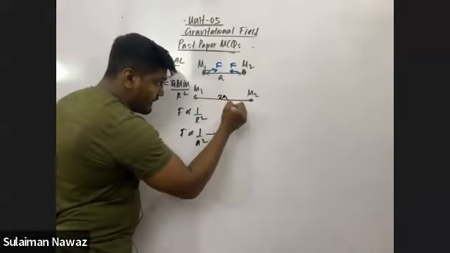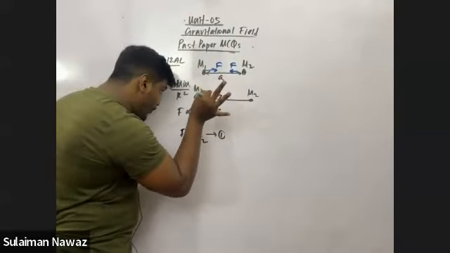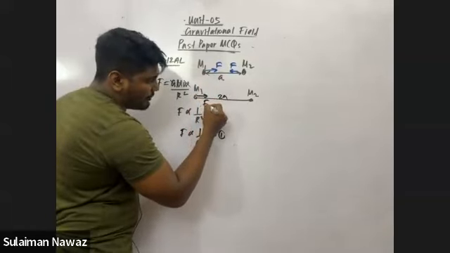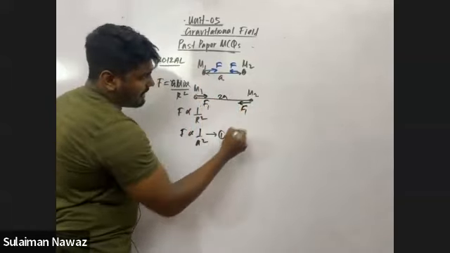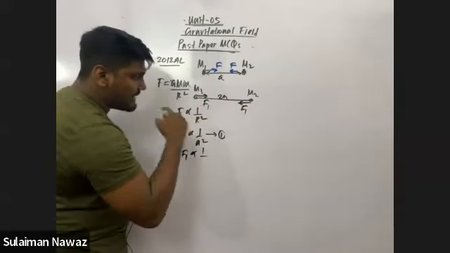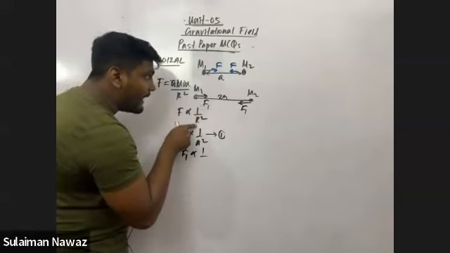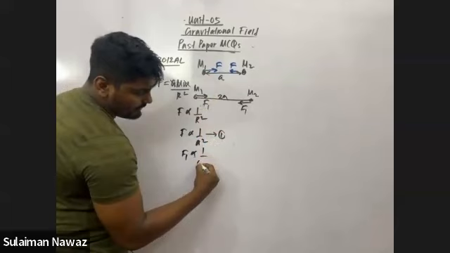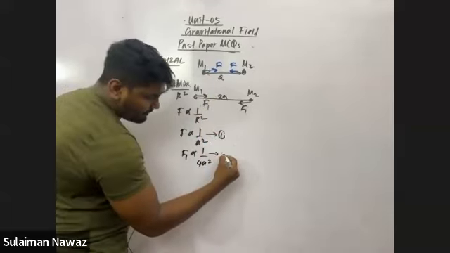When the gap is 2a, let's say the force is F1. Then F1 is inversely proportional to 1 over R squared. This time my R is 2a, so 2a squared, 4a squared.